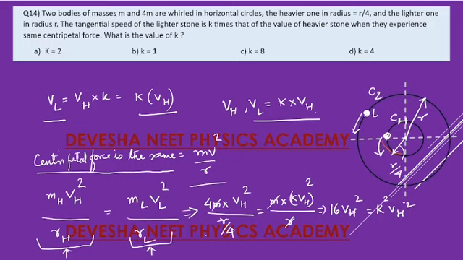VH square I can cancel. So k square is equal to 16, so k is equal to 4. So the answer is k is equal to 4 here.